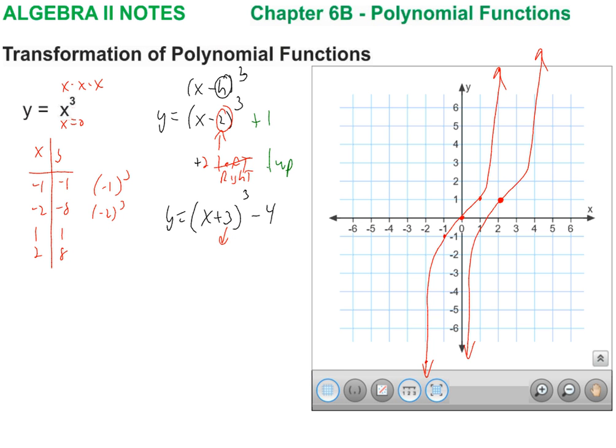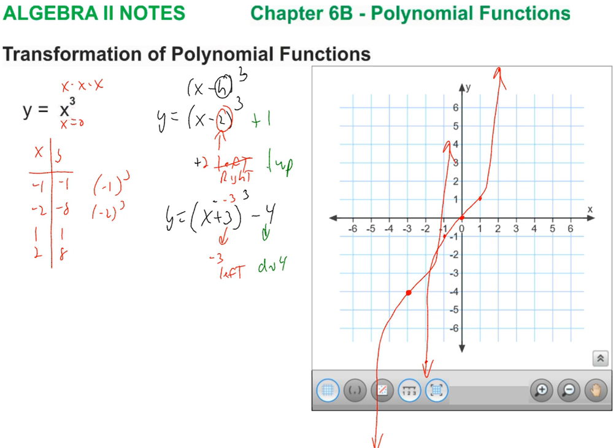In this second scenario, now you read the h after a negative. It must be a negative 3, and so that is 3 left. This is negative, and this is down 4. So now we're going to take the basic function, go 3 left, and go down 4. And there's that function. 3 left and down 4.